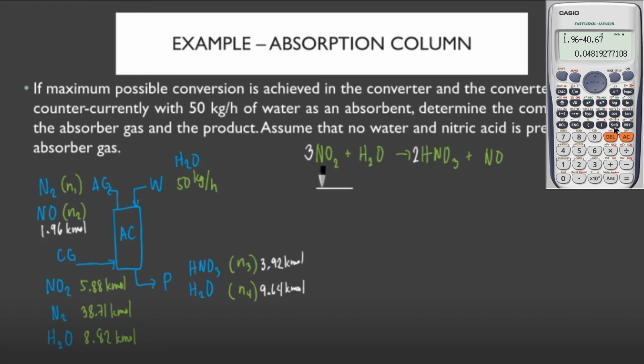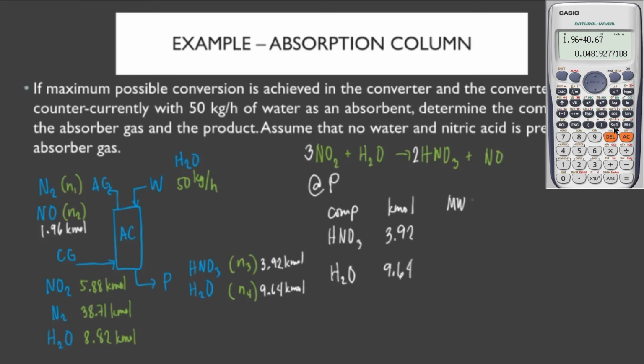So at the product stream, we again have two components, the nitric acid and the water. We have their mole values, 3.92 kilomoles and 9.64. Let's have their molecular weights. This is in kilograms per kilomole. So for water, molecular weight is 18. And for nitric acid, the molecular weight is 63 kilograms per kilomole.